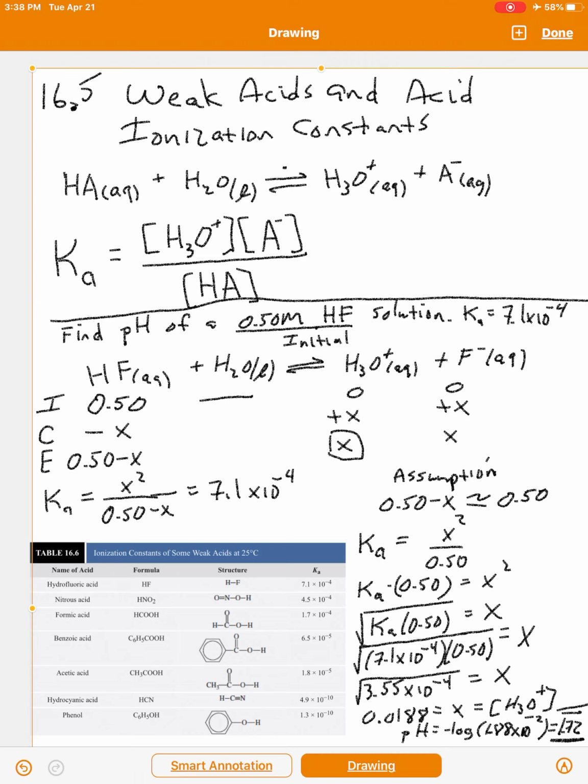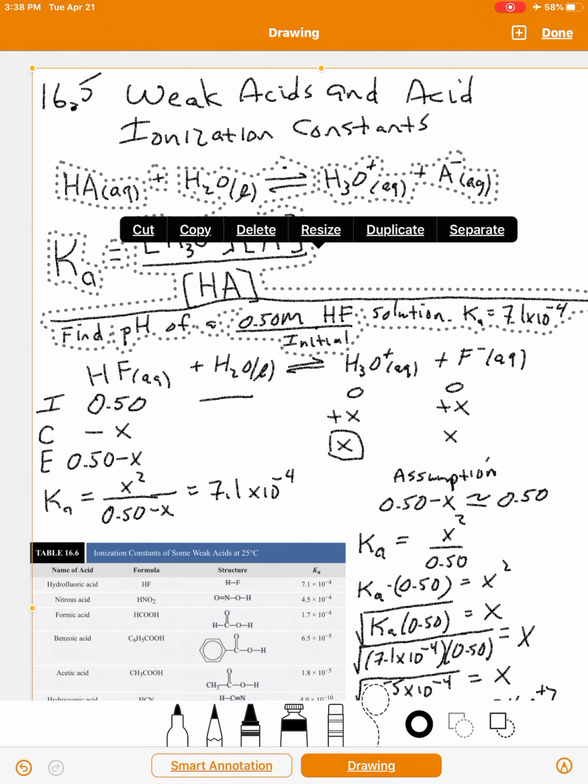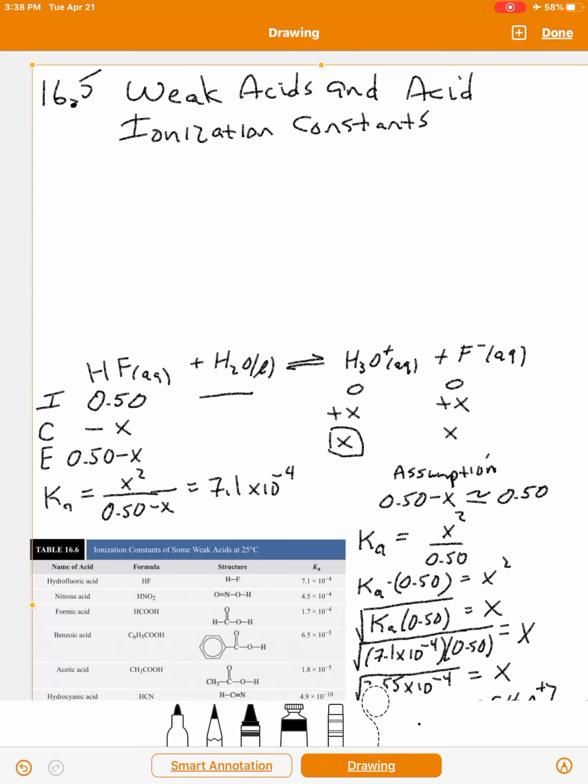Okay? Now, one question that comes up is, when do you know whether you can use that assumption? It is a nice one. It turns out most of the time you can use it with weak acids because the values of K are small. But here's what we would say.